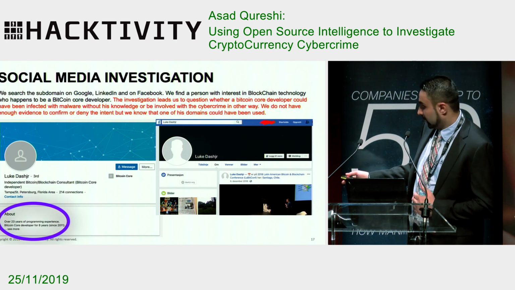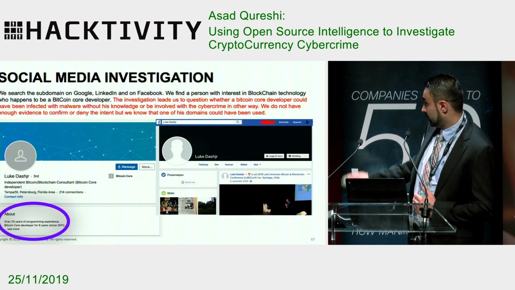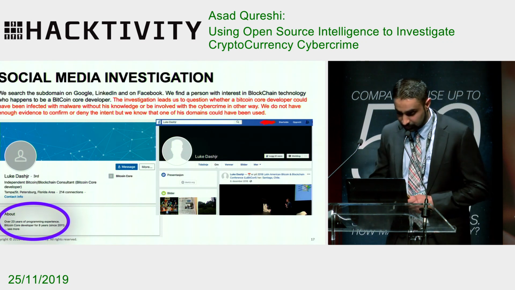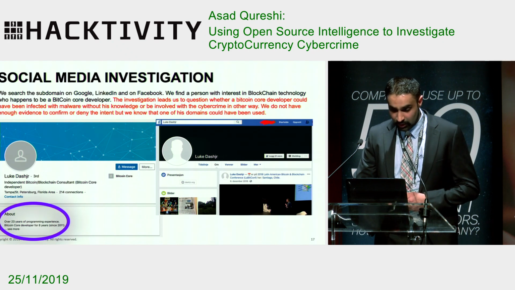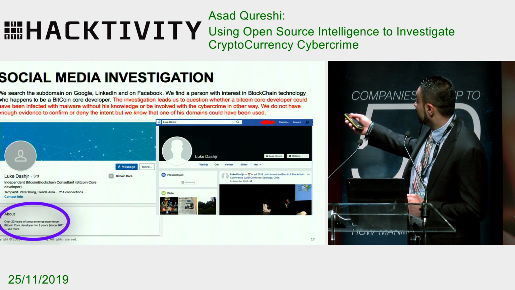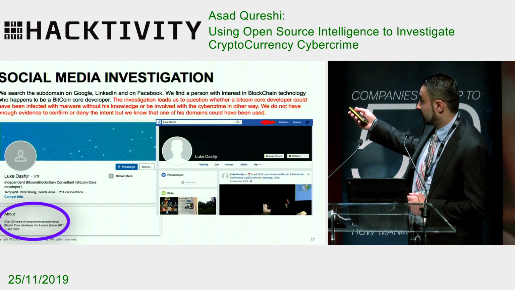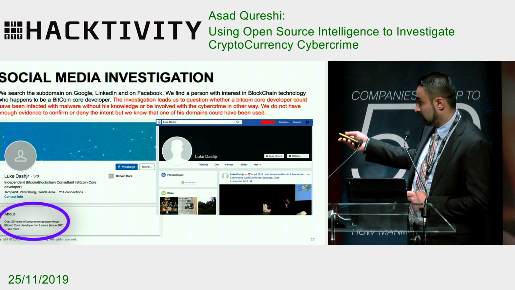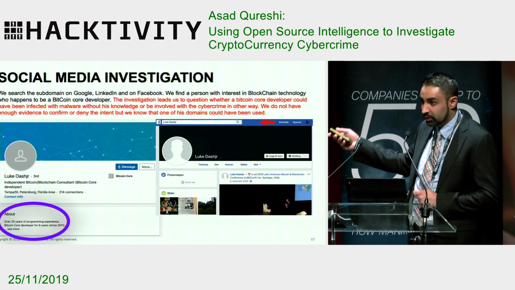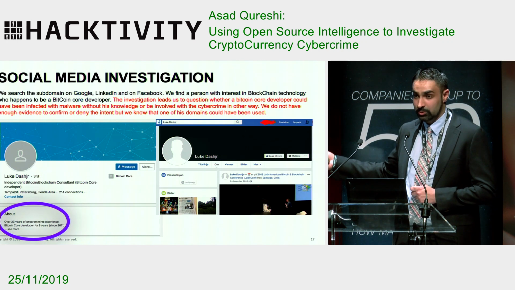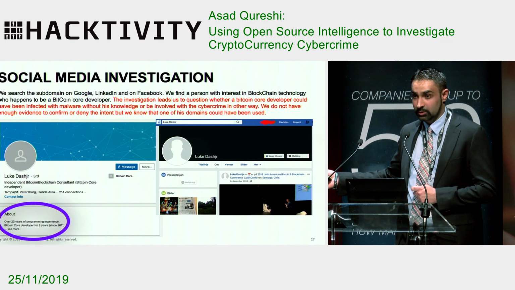So we also checked that on Facebook and LinkedIn. We also found more information about that person. But still, we do not have enough evidence to conclude whether he was intentionally involved in that crime or not. But our indication points to that one of his domains was used to facilitate that cybercrime.